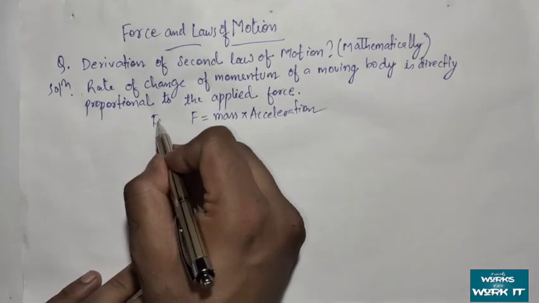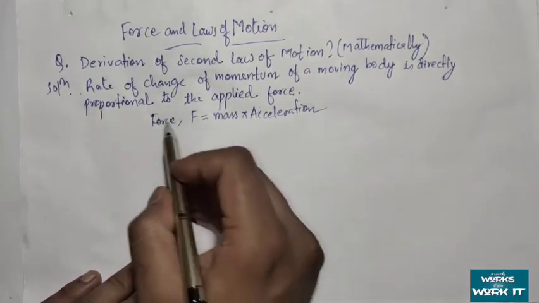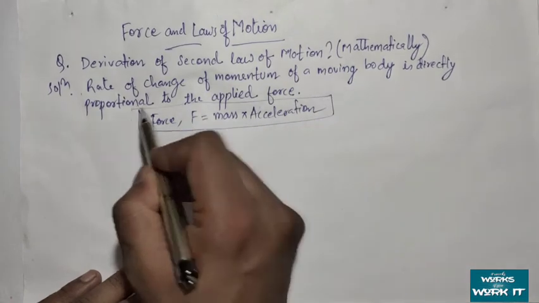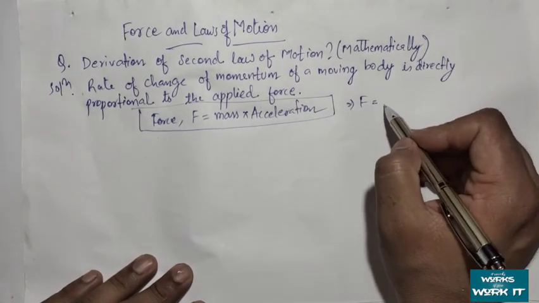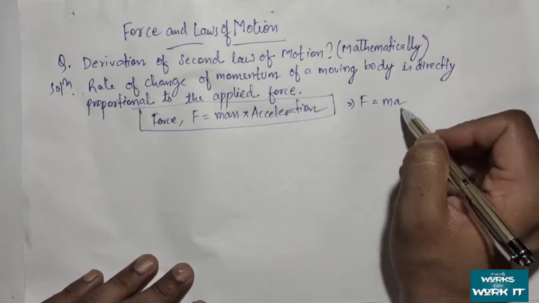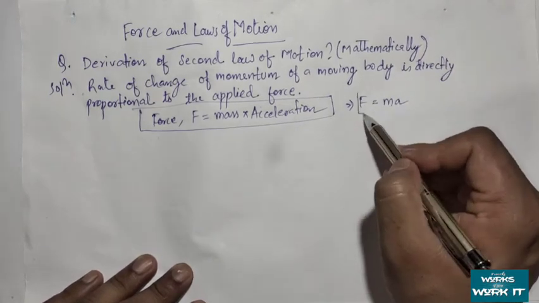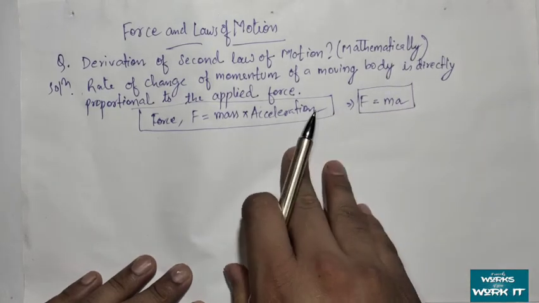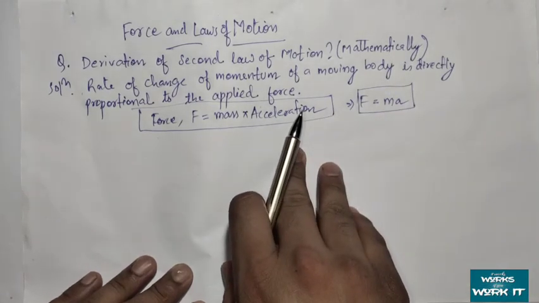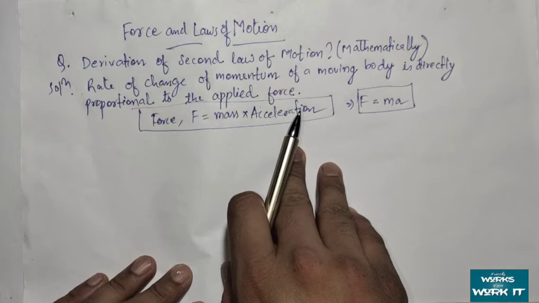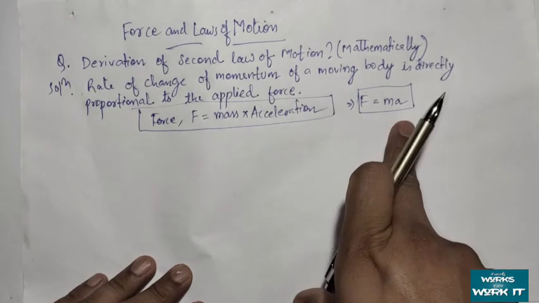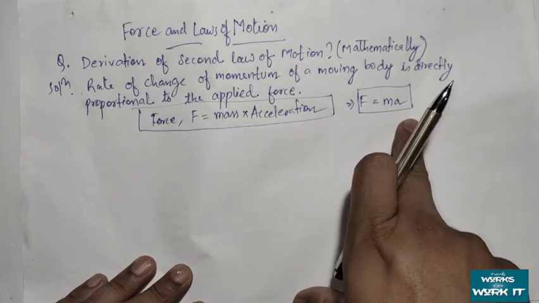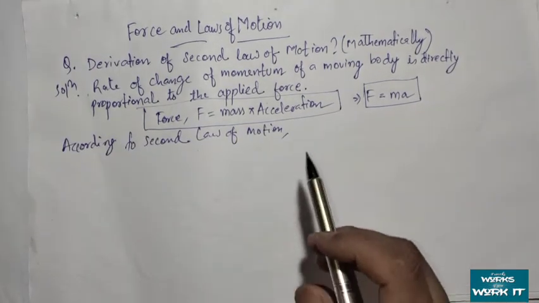In short form we can say F is equal to ma, m for mass and a for acceleration. This formula we have to derive mathematically. So instead of the statement, for the mathematical portion we need to write the formula F equal to ma. So how it has come, that we will be deriving now.